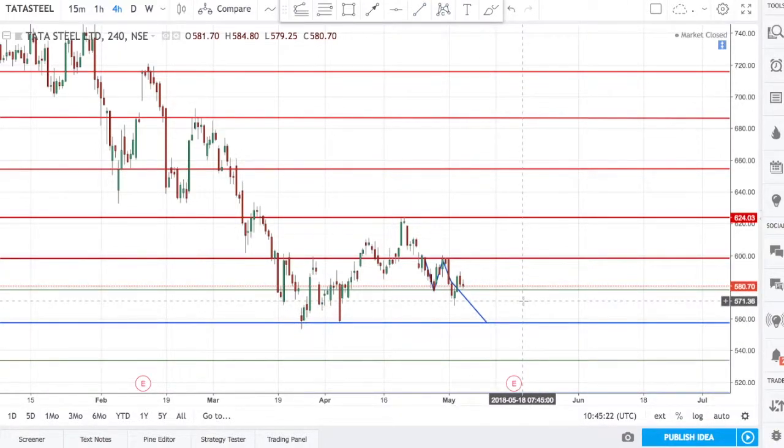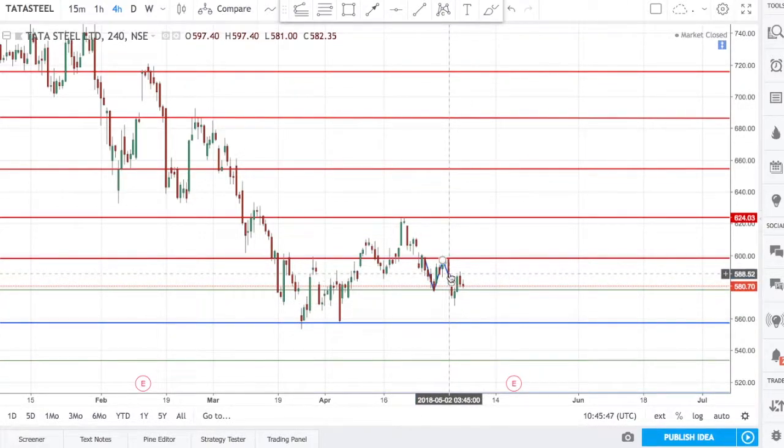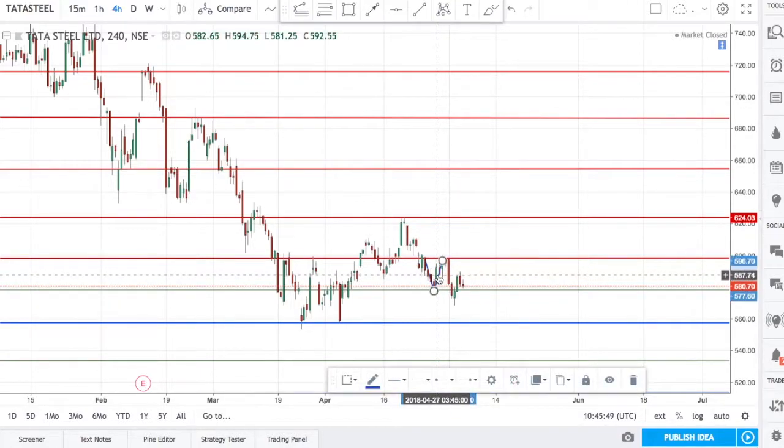So once we have our setup, next is to look for references to support our trade or identify a zone where the prices might drop into. So let's see if we can find any reference to support our trade.